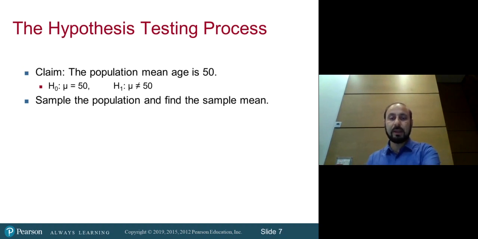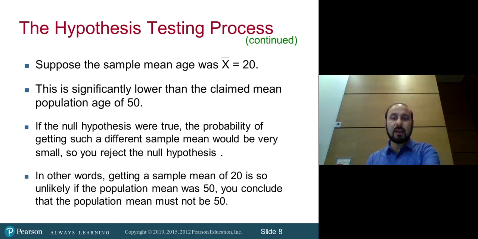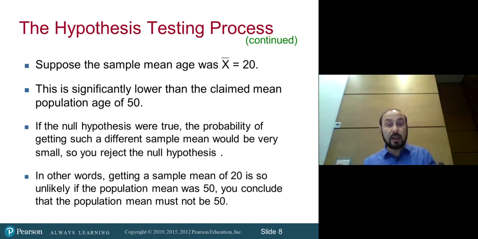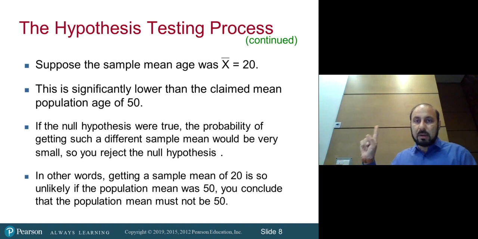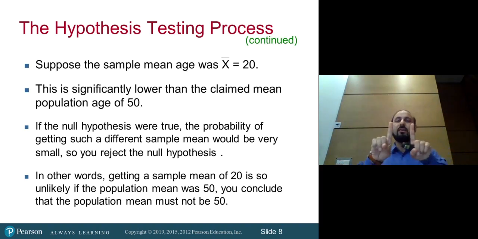So we have sampled it and we want to know what is the sample mean. So this is the population mean, and we find sample mean is 20. This is significantly lower than the claimed mean population age of 50. Remember, just now you said mu is equal to 50 and you found x bar sample mean is equal to 20. So there is a very big difference between 50 and 20.